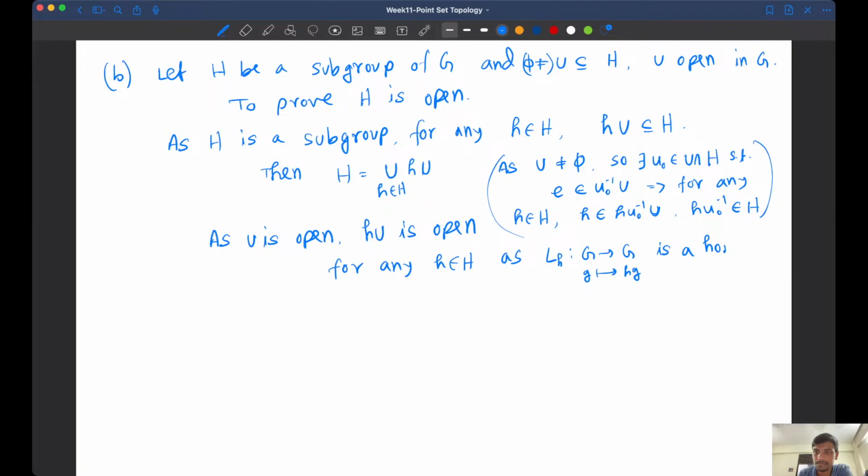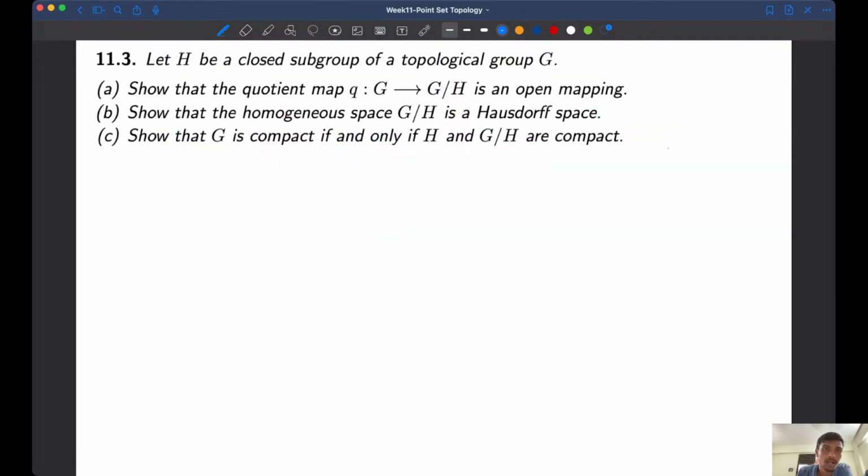Okay, so this is again related to the compactness and Hausdorffness of the quotient space. Suppose H is a closed subgroup of a topological group G. Then the quotient map is always actually an open map, and the closedness is not needed.